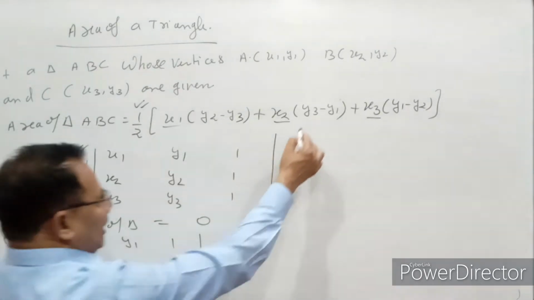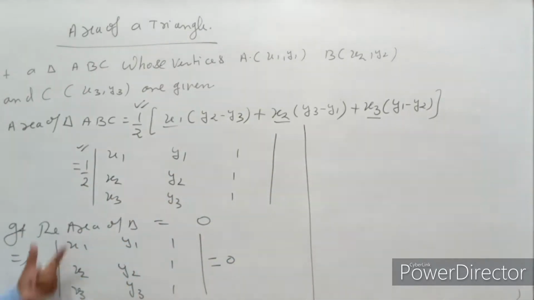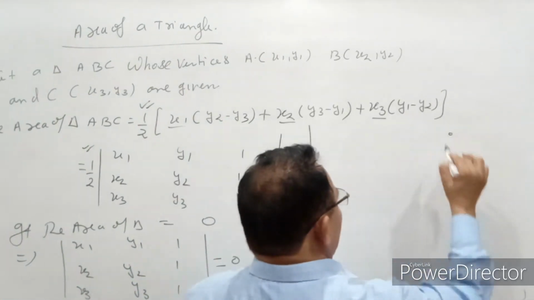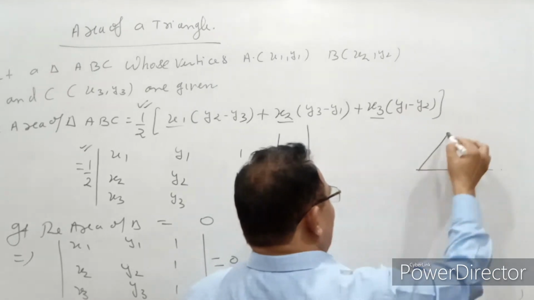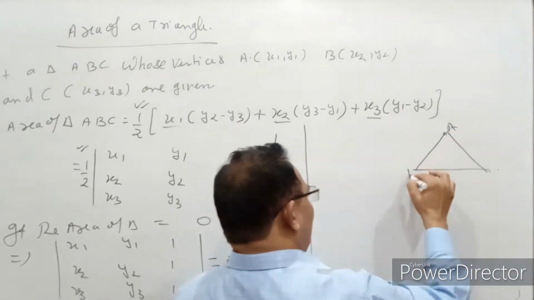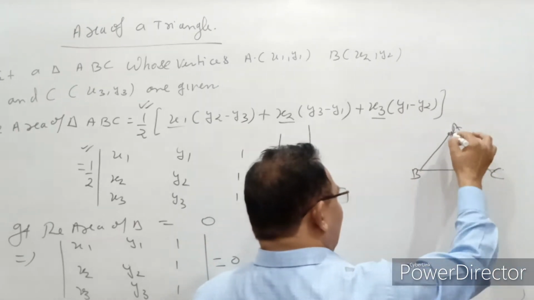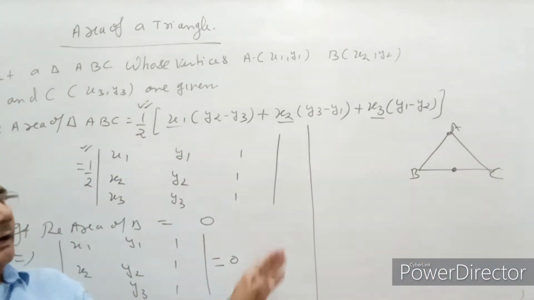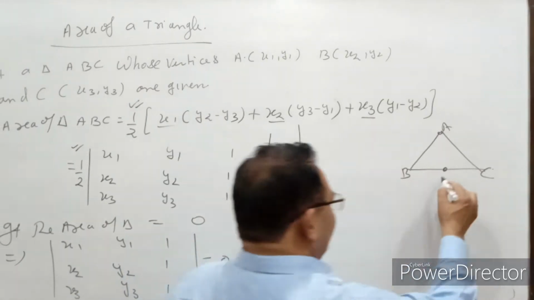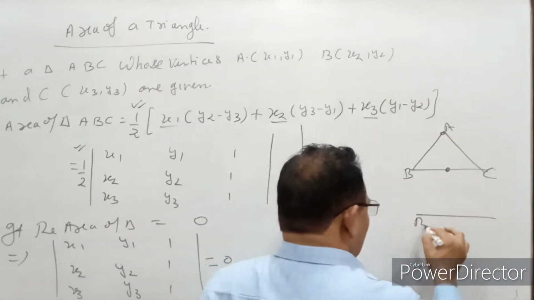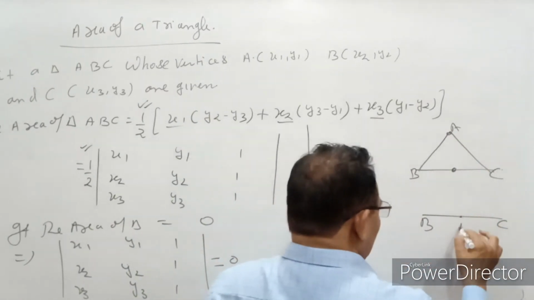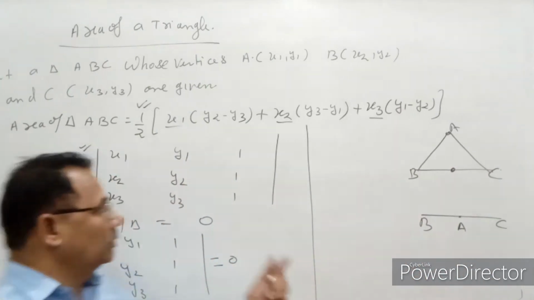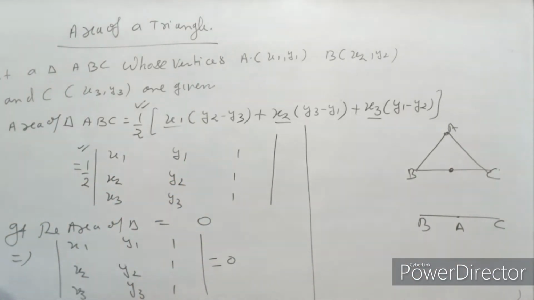If the area of the triangle becomes 0, then point A will lie on line BC, and in this case all 3 points are called collinear.